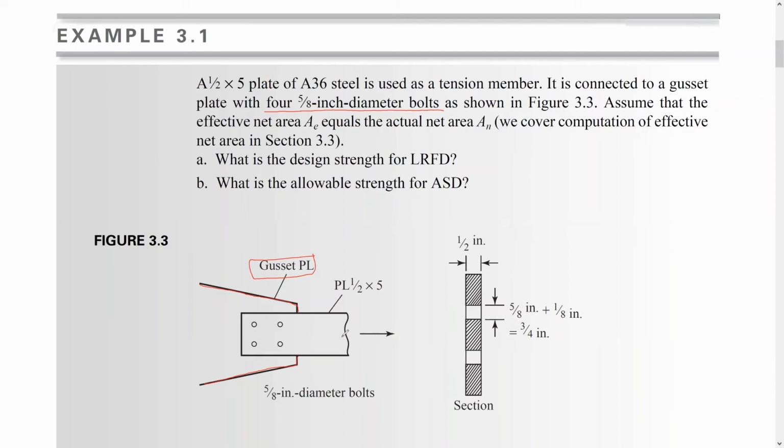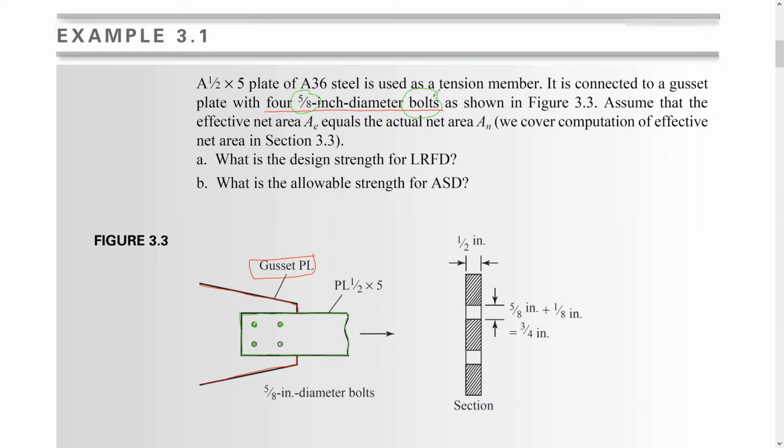So here, the tension member, which is this one, I'm going to highlight it with green. This is a tension member, bolted to the gusset plate with 4 5/8" diameter bolts. Make sure they are telling us this diameter for the bolts, not for the holes, and I'll show you how to calculate it for the holes.